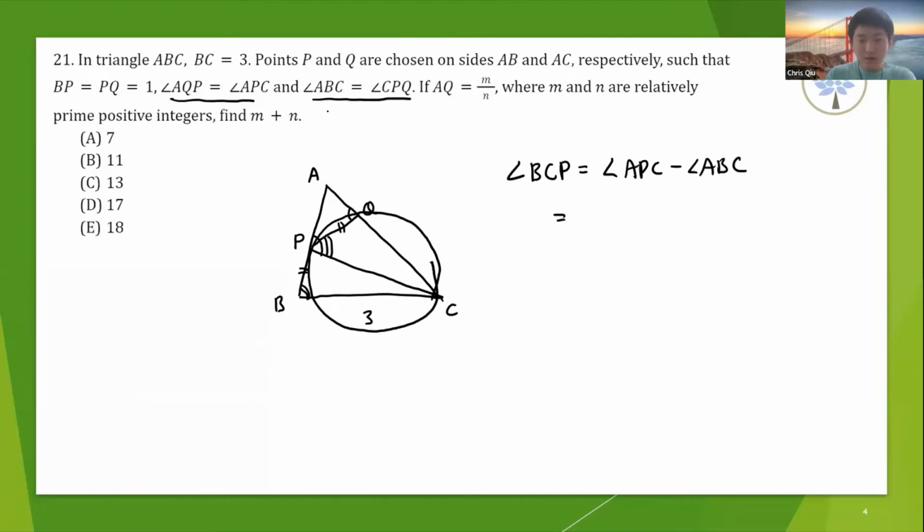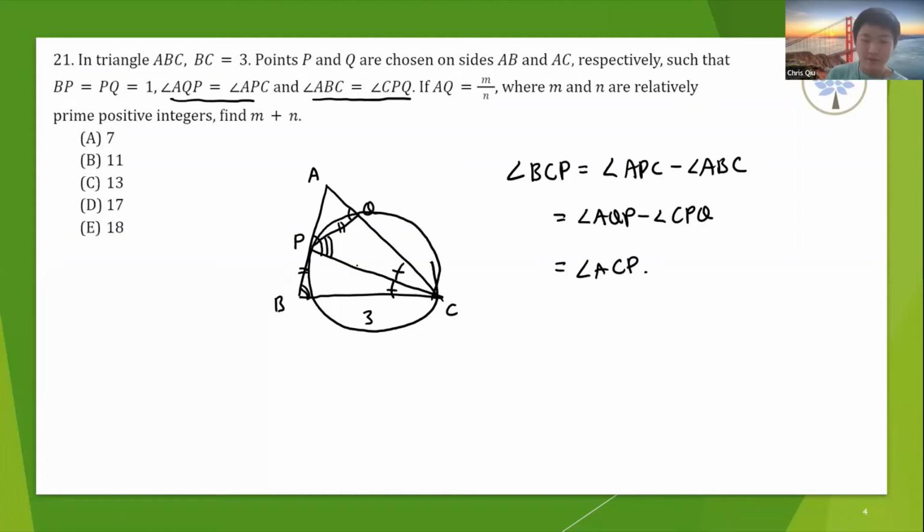And because of these two conditions, we can rewrite this as angle AQP minus angle CPQ. And from here, we can prove that this angle is equal to angle ACP. So in fact, CP is an angle bisector of this angle ACB.